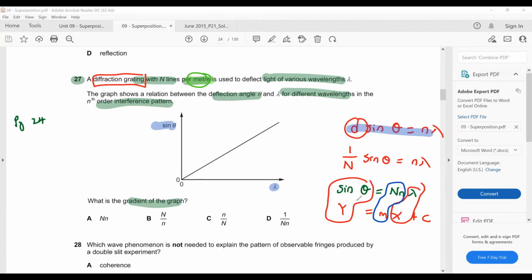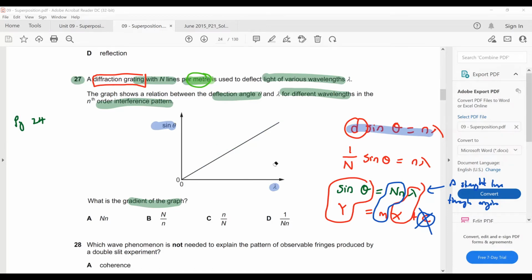Looking at this equation alone, you can see it's supposed to be a straight line through the origin, because your y-intercept here is non-existent, which is what you're seeing right over here.